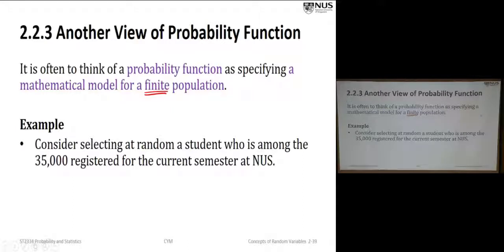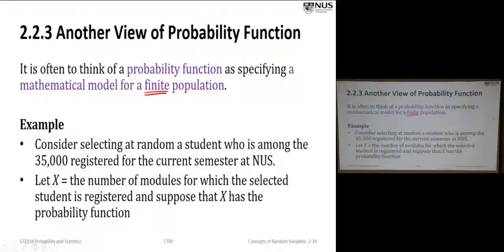All right. So consider selecting at random a student who is among the 35,000 registered for the current semester in NUS. So it's a finite population. It's a student population consisting of 35,000 of them. Then we select one of them.